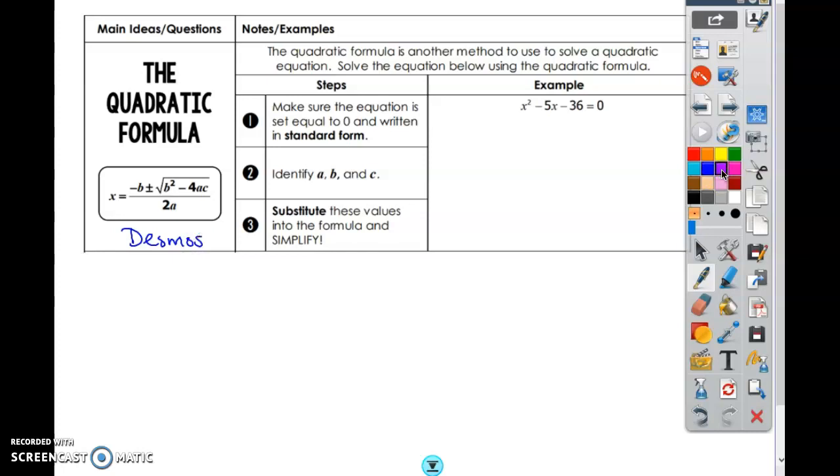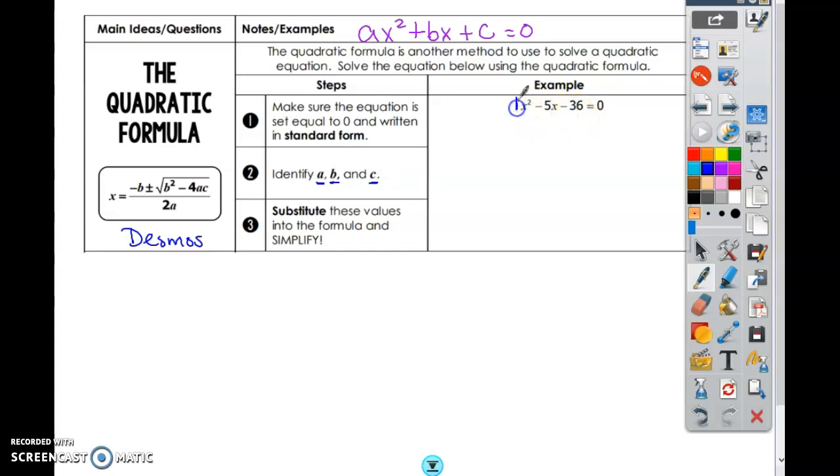So the first thing you need to know is that the quadratic equation should always be in the form of ax squared plus bx plus c equals 0. Okay, so write that down. It needs to be in that form because I'm going to need an A, a B, and a C. So in here, this is my first example.